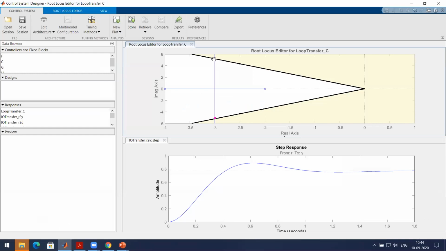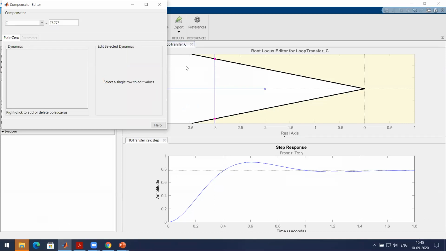Is that little more is required? We have damping, you can see it is now 0.5. Okay, so it compensates 27.77 something.